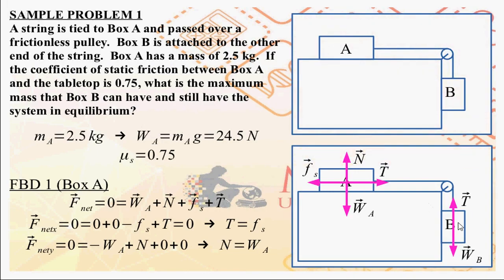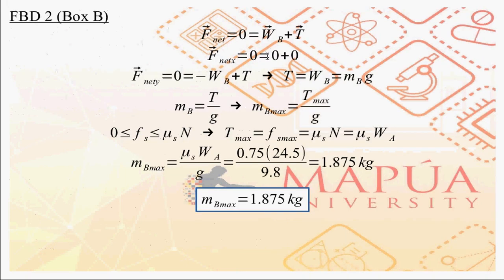Tension is heading in the positive direction, so weight is negative, so minus WB, and tension is positive, so plus T. The y component tells us that the tension magnitude is just equal to the magnitude of weight B, and weight B is just equal to mBg. We are looking for the mass of block B, so isolate mass. M is equal to T over g.